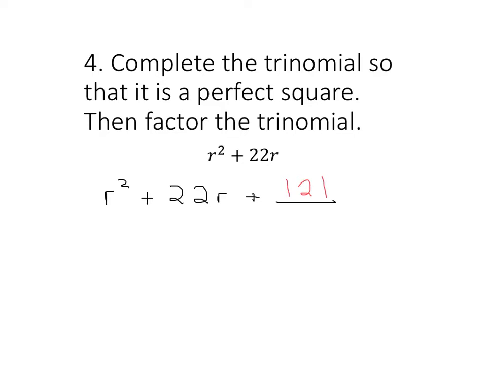And then we factor it, and we find that that's going to be equal to r, and then whatever goes here, plus, and then we look here and take half of that and write it here. And if you FOIL that out, you'll see that r plus 11 squared gives you r squared plus 22r plus 121.